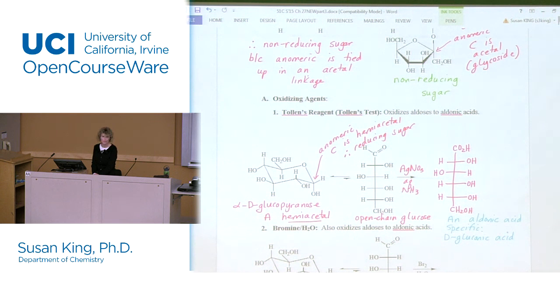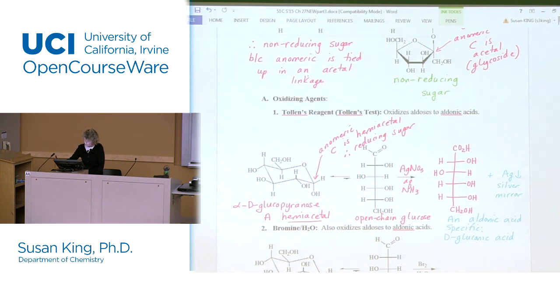We also get a silver mirror, which is kind of cool. This is how you can take a round bottom flask and turn it into a mirrored round bottom flask, which is kind of cool to do. So this is a silver mirror that deposits on the inside of the flask.